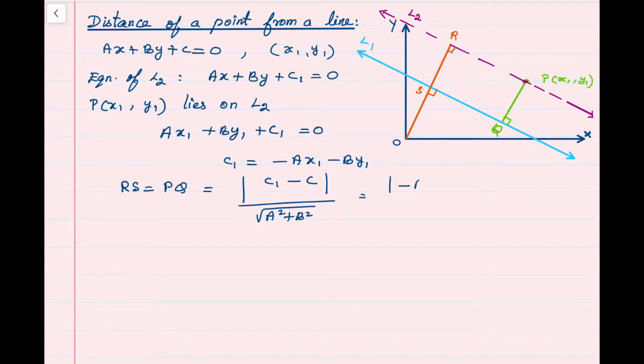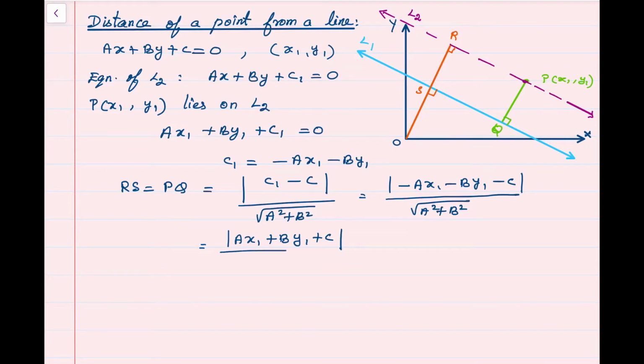That is the absolute value of minus Ax1 minus By1 minus C divided by root of A square plus B square. We can change the sign and write, because of the absolute value sign it does not matter, the absolute value of Ax1 + By1 + C divided by root of A square plus B square. This is the formula to find the distance of a point from a line.